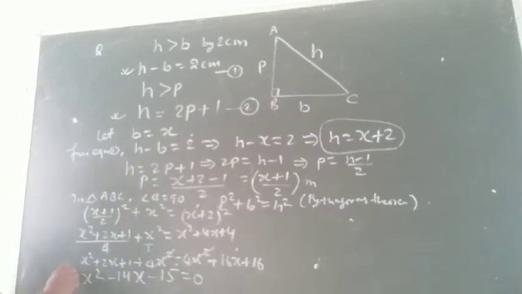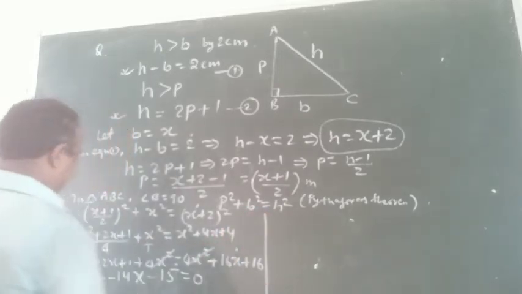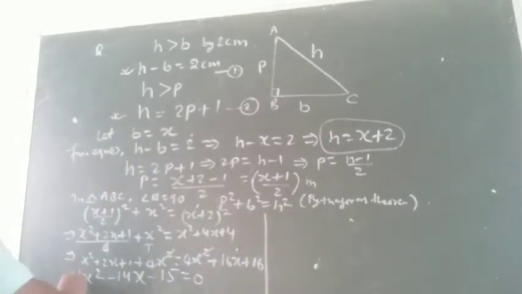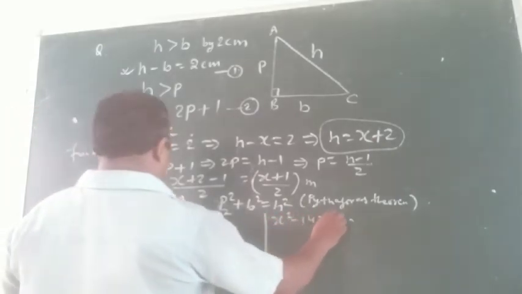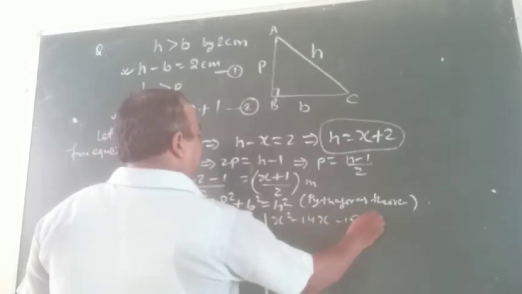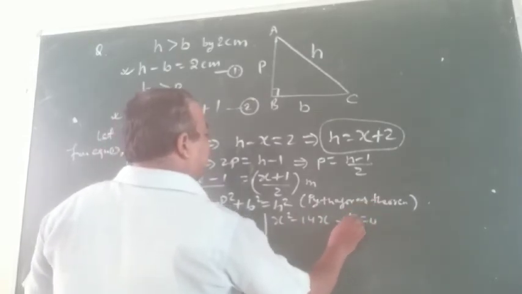We have to factorize this term. The factors are 1 and 15: 1 into 15 becomes 15, and 15 minus 1 becomes 14. Now we write x square minus 14x minus 15 equals 0.